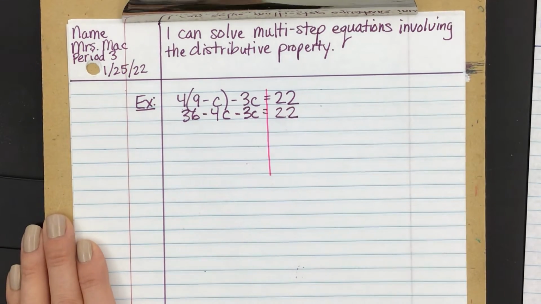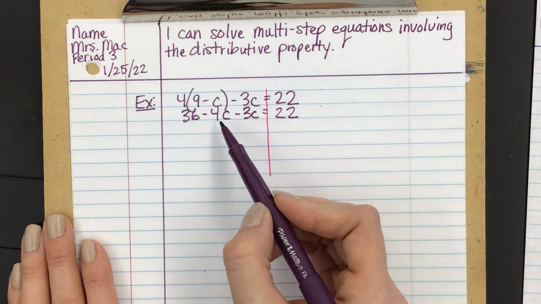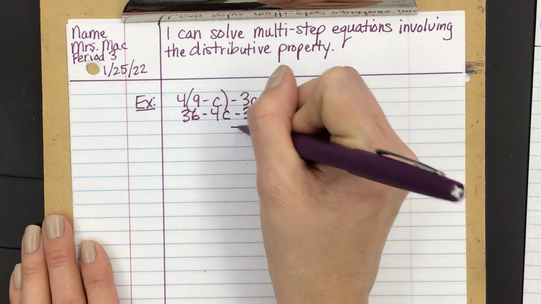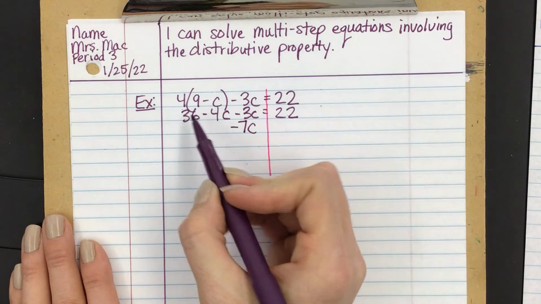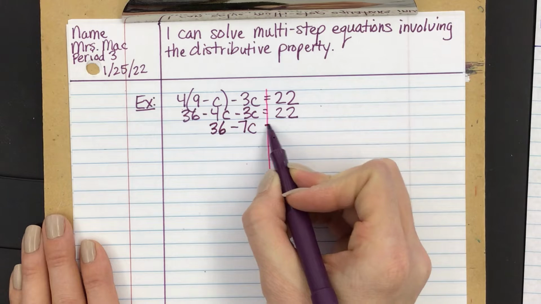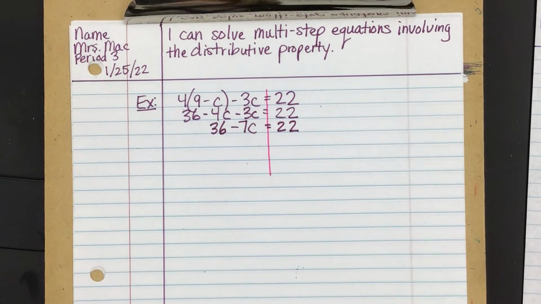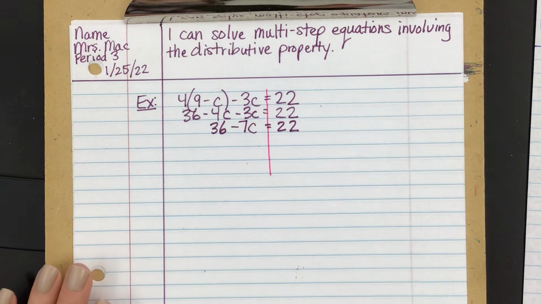Okay. Now we have the same problems we were working on yesterday, combining like terms. So you have negative 4c, negative 3c, so this will be negative 7c, and bring down your 36. And just like that, we're down to a two-step equation that you all know how to solve. So let's do that.